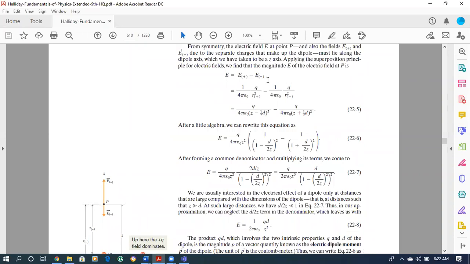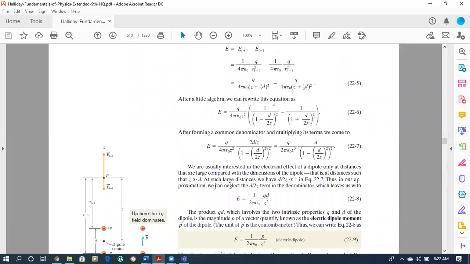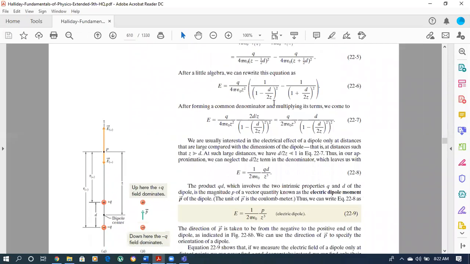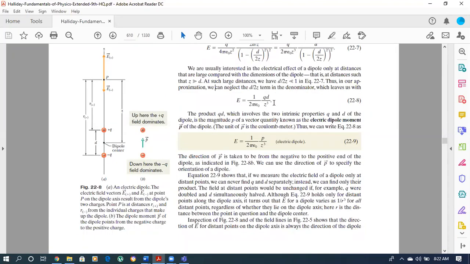By solving this equation using some trigonometry, we find equations 22.8 and 22.9. That shows that due to a dipole, the net electric field strength is reduced as compared to the individual charged particles. Just remember what will happen when there is a dipole instead of an isolated charged particle.